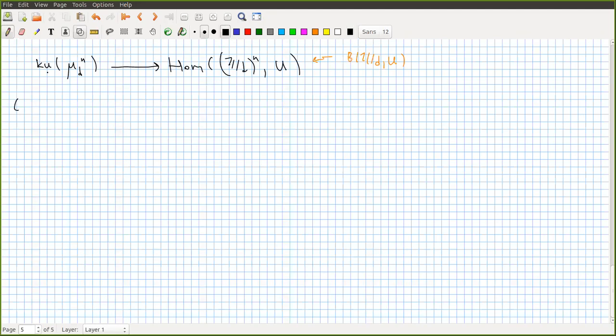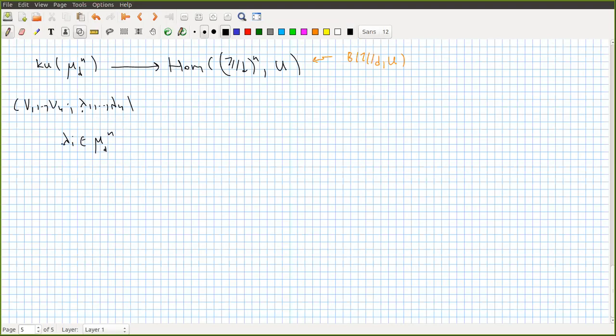Remember, this is a colimit construction where the pieces are given by these finite dimensional subspaces, and the λ_i are elements of μ_n.